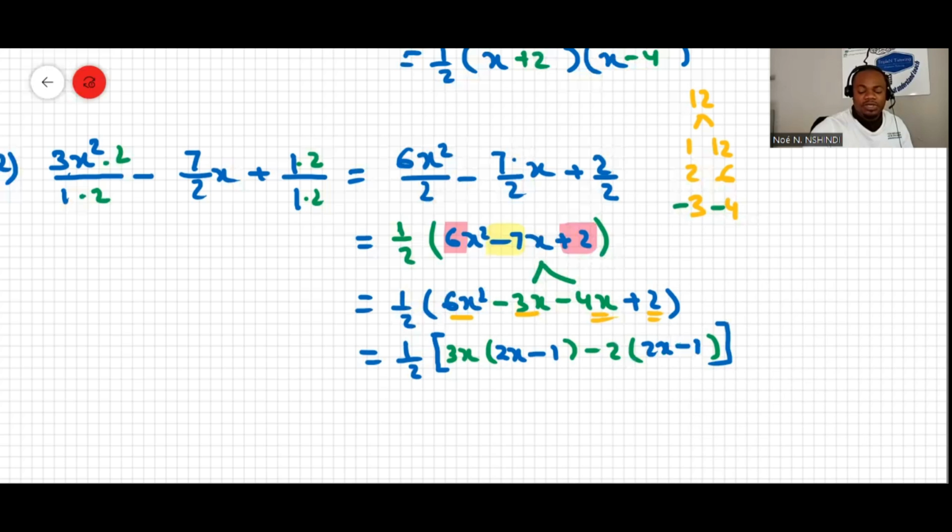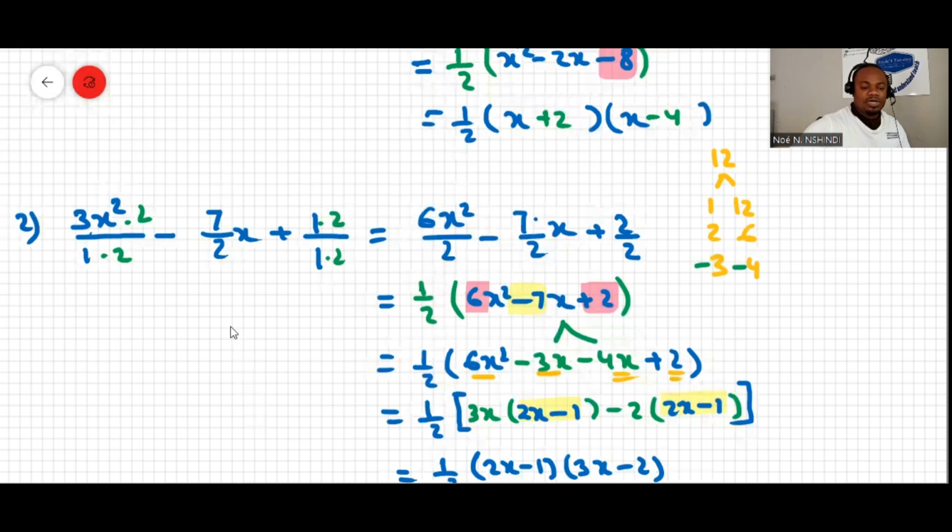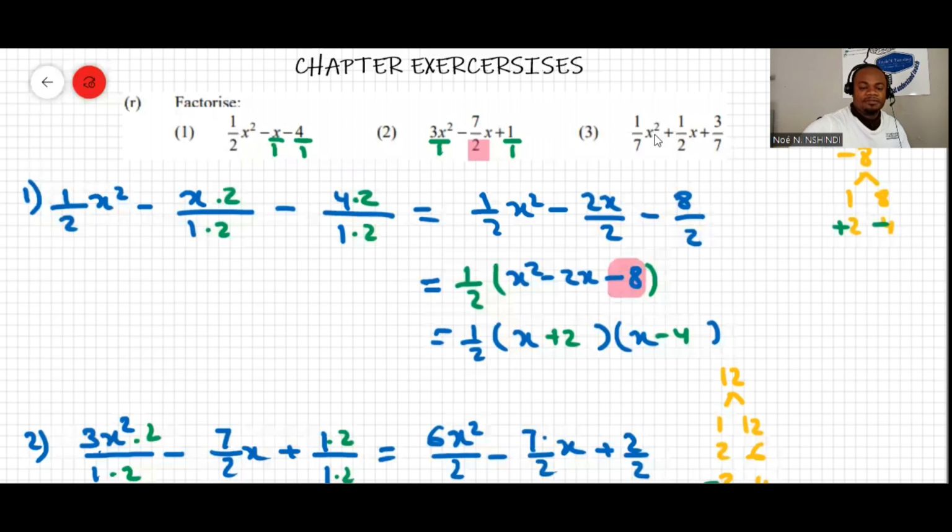Careful here: when we take -2 out, it's going to be 2x minus 1 in the bracket. So this will be a half, I don't need a square bracket. Note that we have this and that common, so we can just say 2x minus 1 is the common factor, and then 3x minus 2. Then we factorize this the same way in question 3.